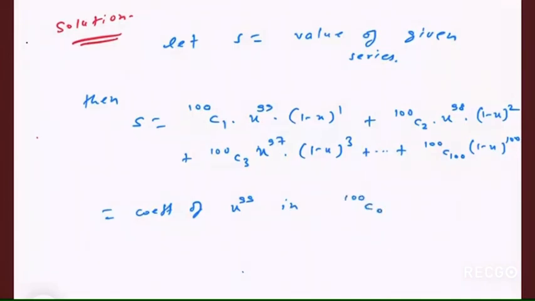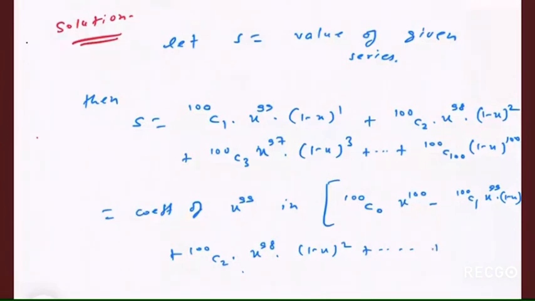Now if we add 100C0 x to the power 100 to the above expression, that is not going to change the coefficient of x to the power 99, because adding any term different from x to the power 99 does not affect that coefficient. So I have added 100C0 x to the power 100 so that we can express this entire series in terms of a very standard and convenient known series.